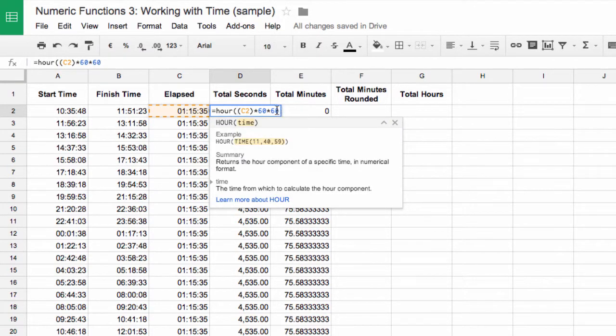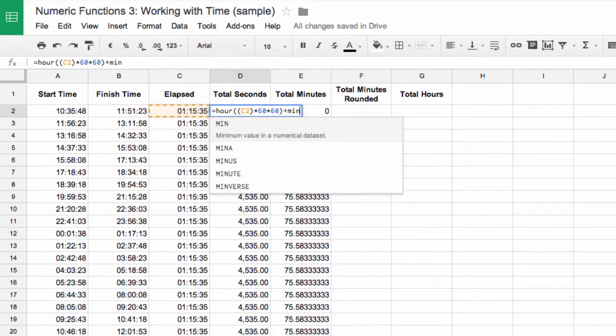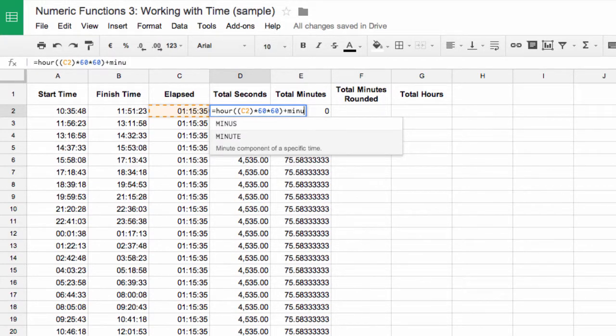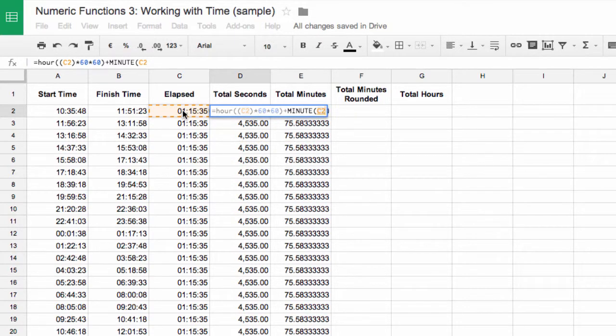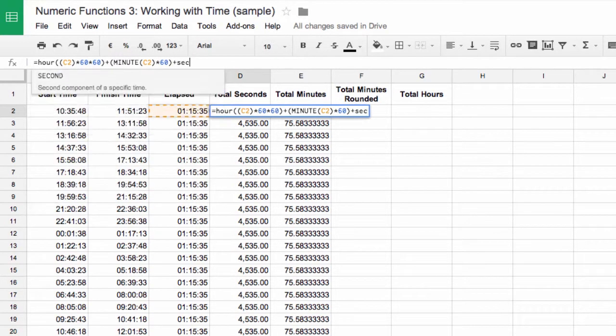Wrap that in a bracket, plus then minute, reference cell C2, multiply that by 60 to convert the minutes into seconds, wrap this in a bracket, and then finally plus second. There we have it.